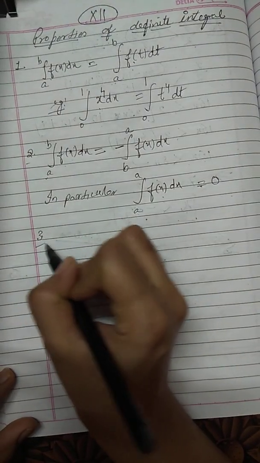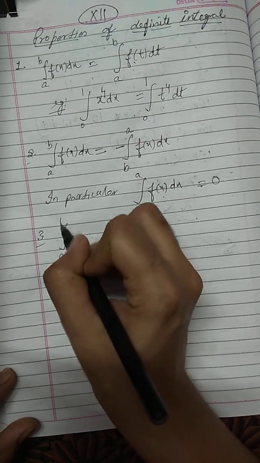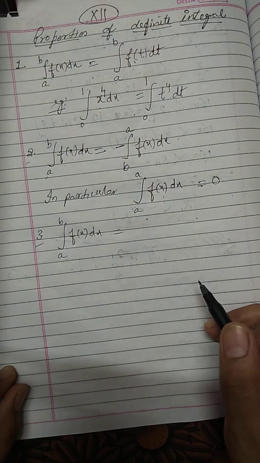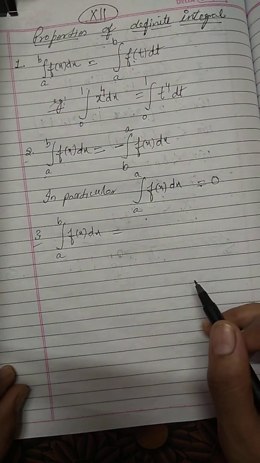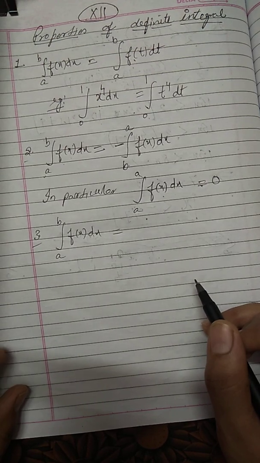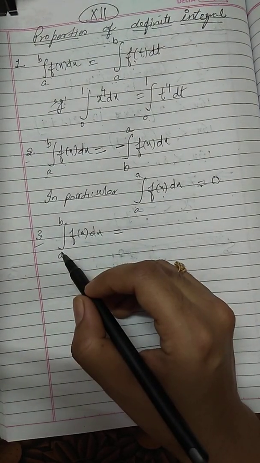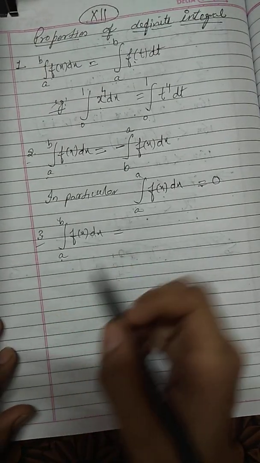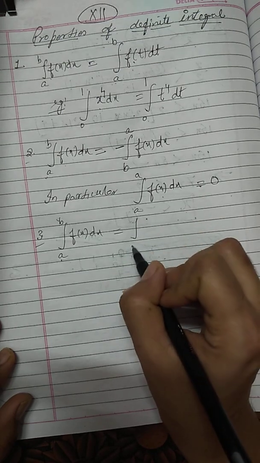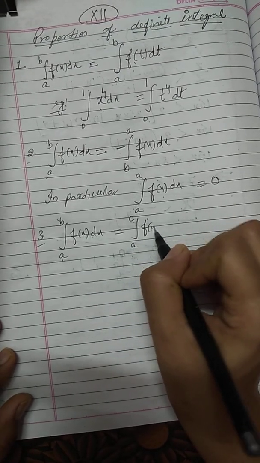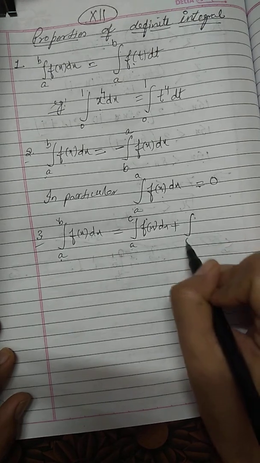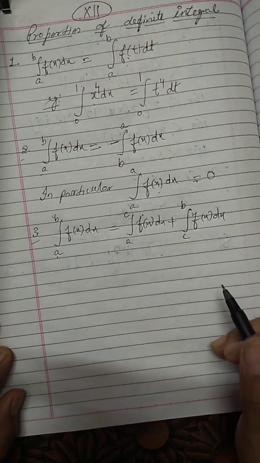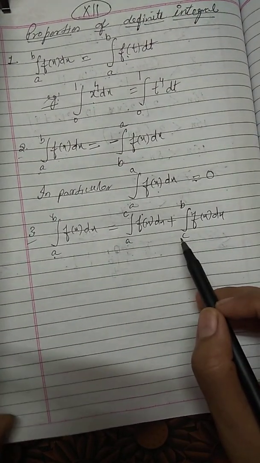And the third property is, if I have the integral from a to b of f(x) dx, and there is a real number c which belongs to this interval a to b, that means there exists some number c, definitely a real number, lying between a and b somewhere, then this integral can be written as the integral from a to c of f(x) dx plus the integral from c to b of f(x) dx. The same function will be there, but the limit has been broken into two parts now.